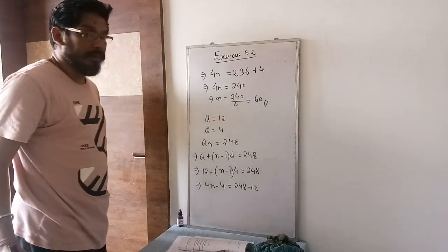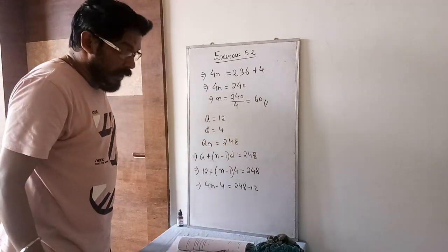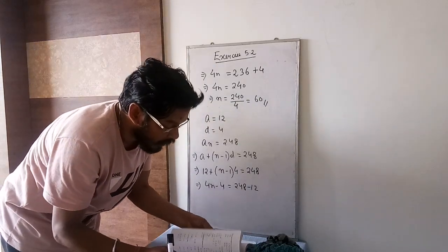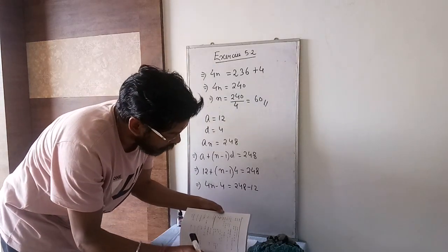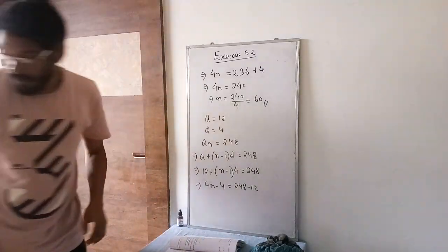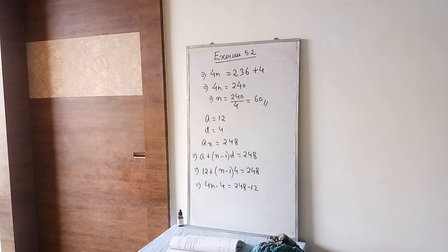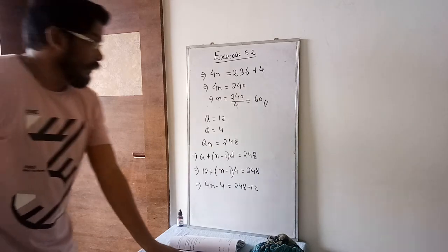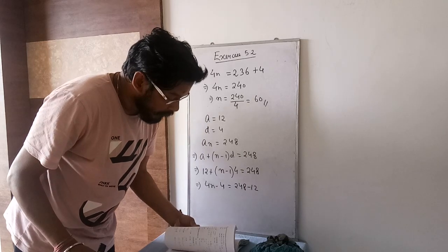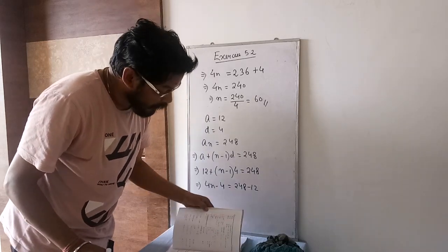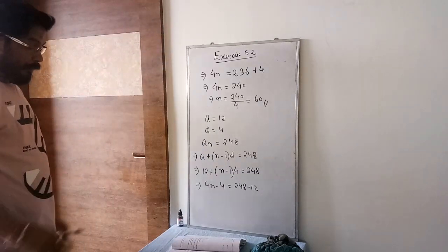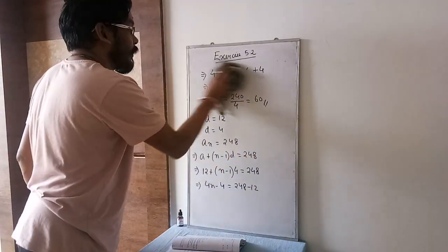So there are 60 terms between 10 and 250 which are divisible by 4. Take the screenshot. Hope it is clear. Clear?